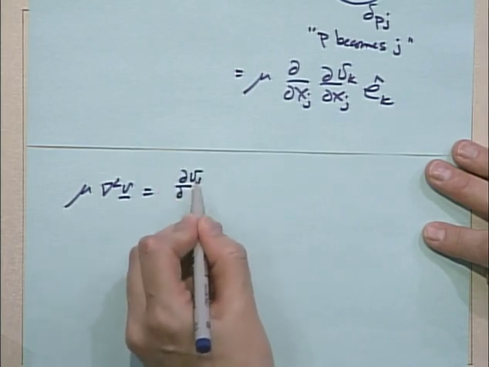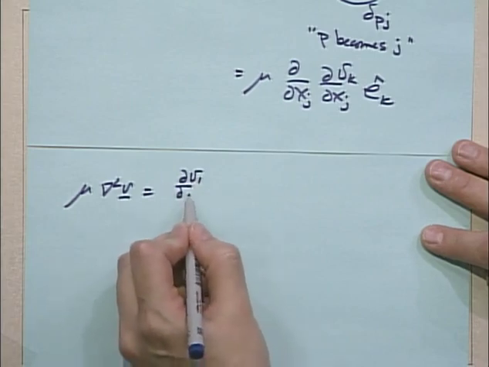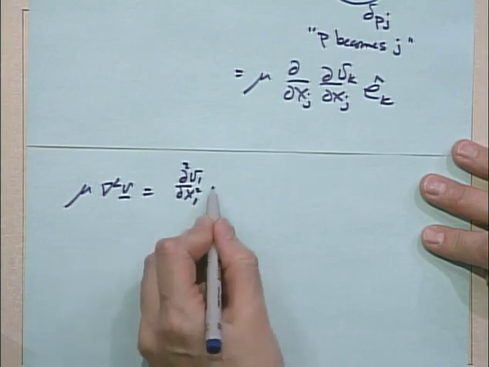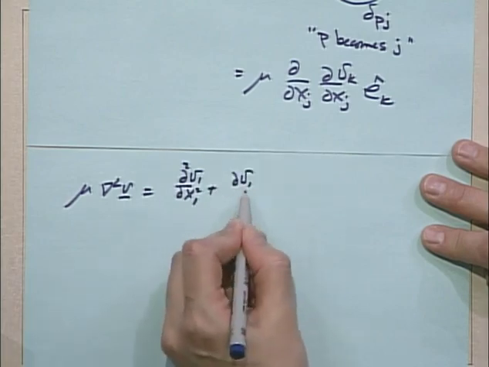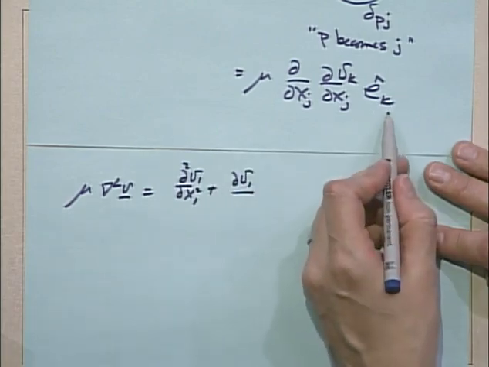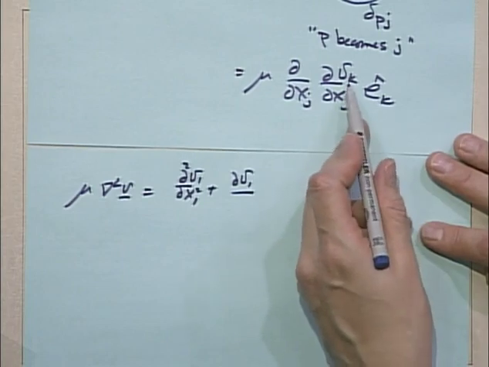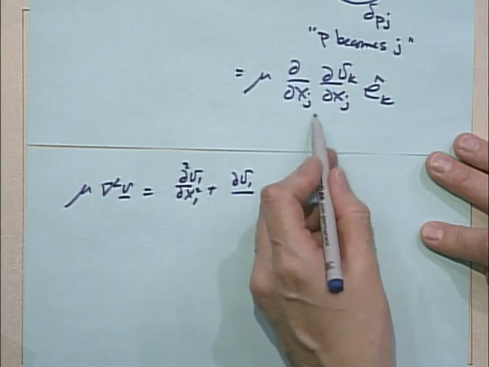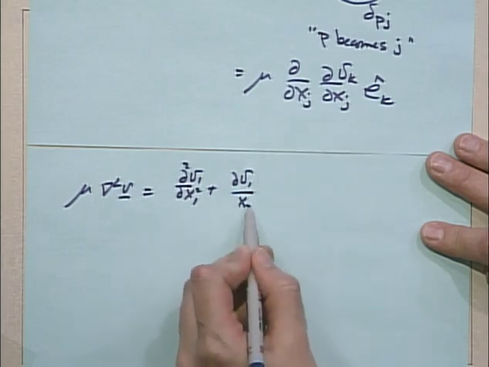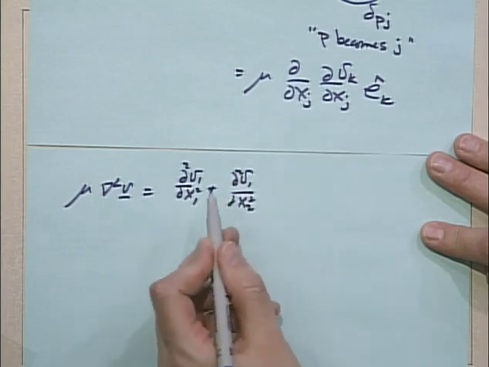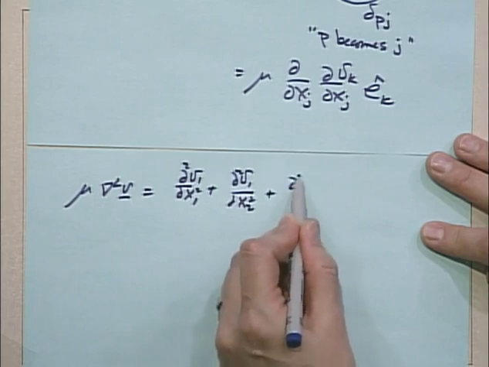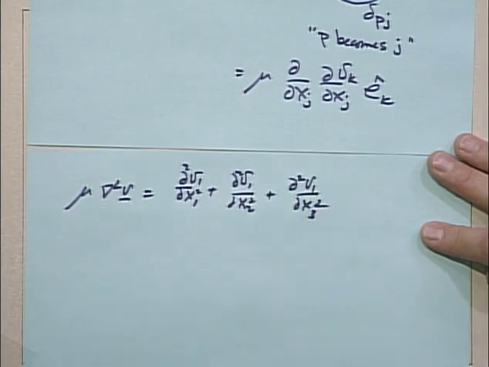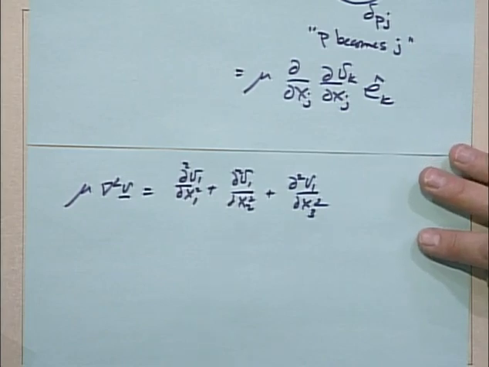So it's d²v1/dx1² plus d²v1/dx2² plus d²v1/dx3². I'm always, when k is 1, this subscript k is 1. So for all three terms, summation j equals 1 to 3. So that's the one component of del squared v.